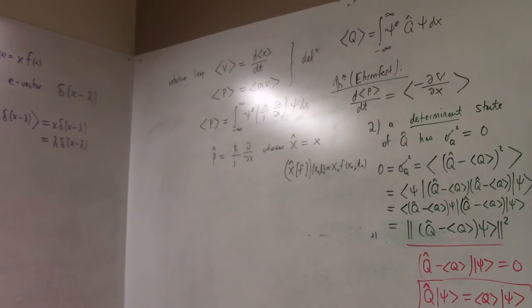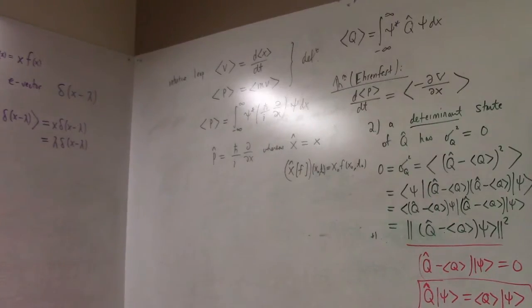The generalized uncertainty principle relates, so you're given two quantum mechanical observables, operator A hat and B hat.